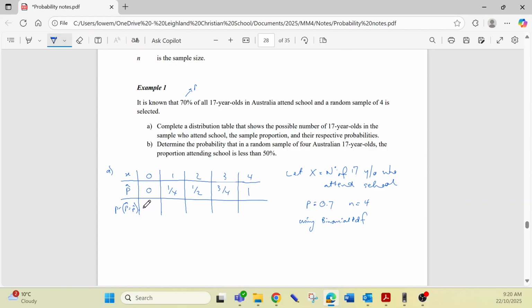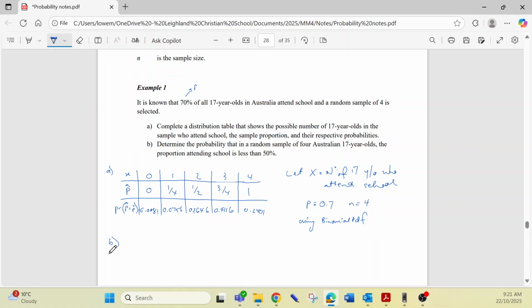So the probabilities, as I've worked out previously, are 0.0081, 0.0756, 0.2646, 0.4116, and 0.2401. So that's our distribution table for A.